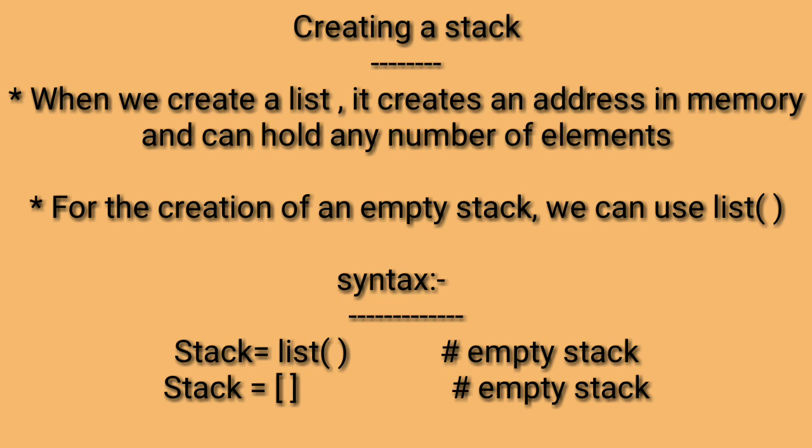If you want to access the second element, its index value will be stack of 1. Third value, stack of 2. Fourth value, stack of 3. Fifth value, stack of 4, like that. Every stack element has its own index value. Using those index values, we can access each element from a stack.